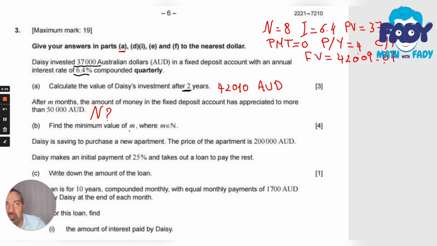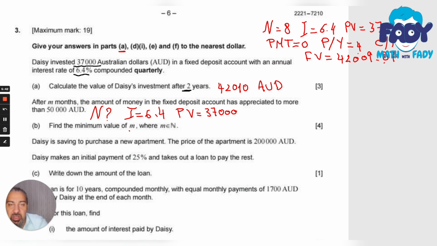We insert the same I, 6.4, PV still the same, 37,000.